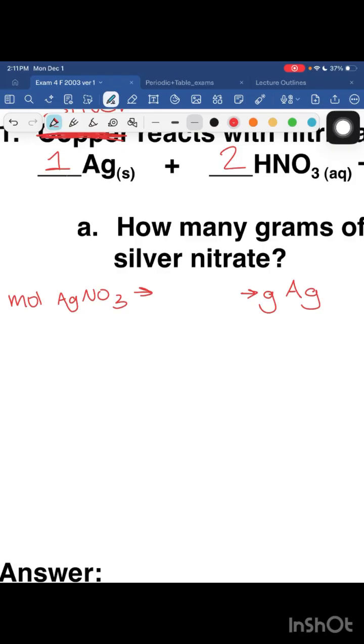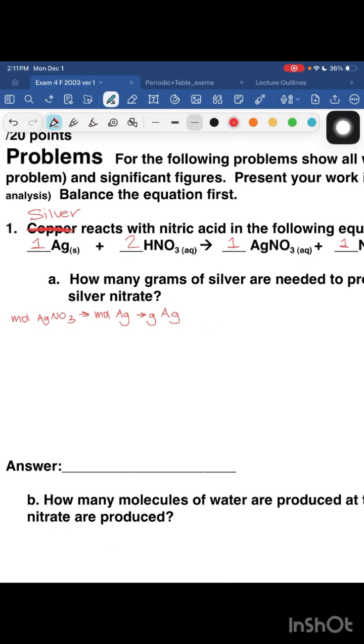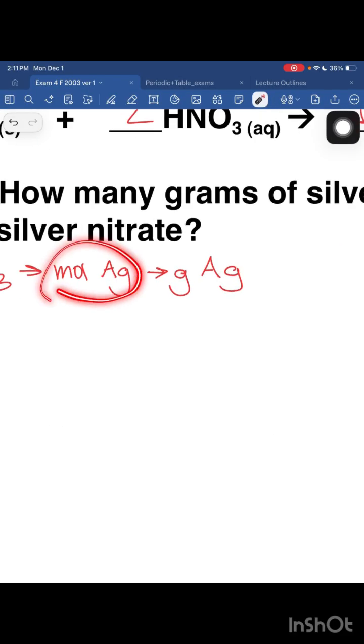I can go from moles of silver nitrate to moles of silver pretty easily using the molar ratio, because I have the equation which gives us all of our molar ratios. We've got the stoichiometry going, and we'll go from moles of silver to grams of silver using molar mass.